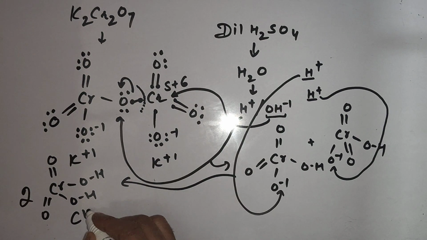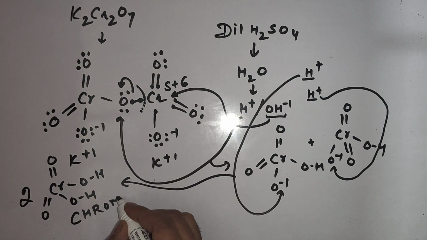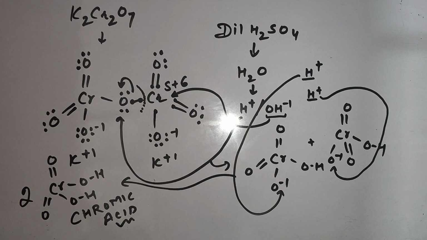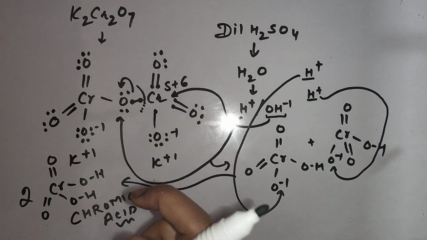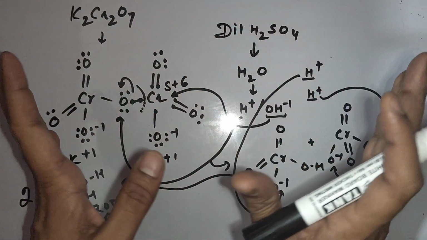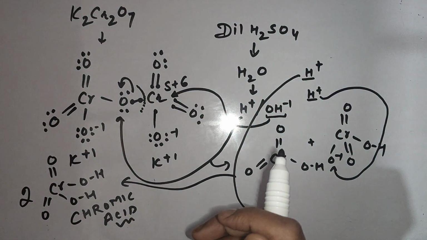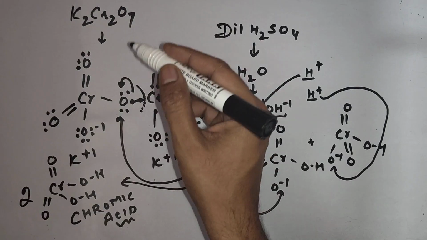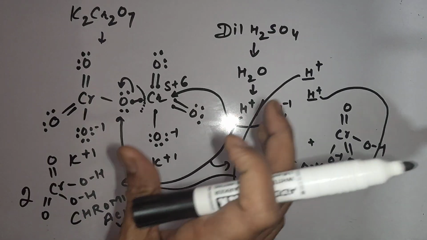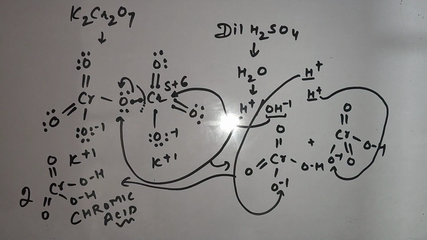This is chromic acid, which will bring oxidation of 1 degree alcohol. Means the actual oxidizing agent over here is chromic acid. Dichromate will just get hydrolyzed in this condition, and the chromium bond will break and produce two particles of chromic acid. Now that chromic acid will do further oxidation.